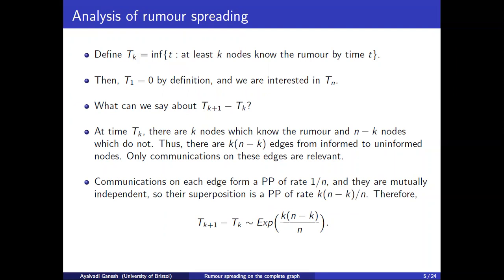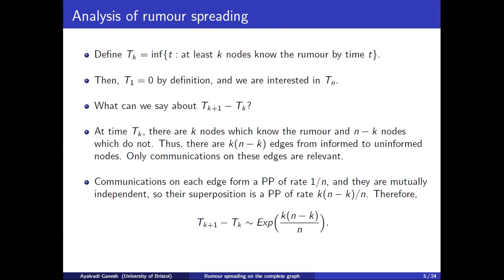It's the superposition of all these k times n minus k Poisson processes. They are all independent as well because Bernoulli splittings are independent, etc. So we are taking this many independent Poisson processes of rate 1 over n and superposing them.